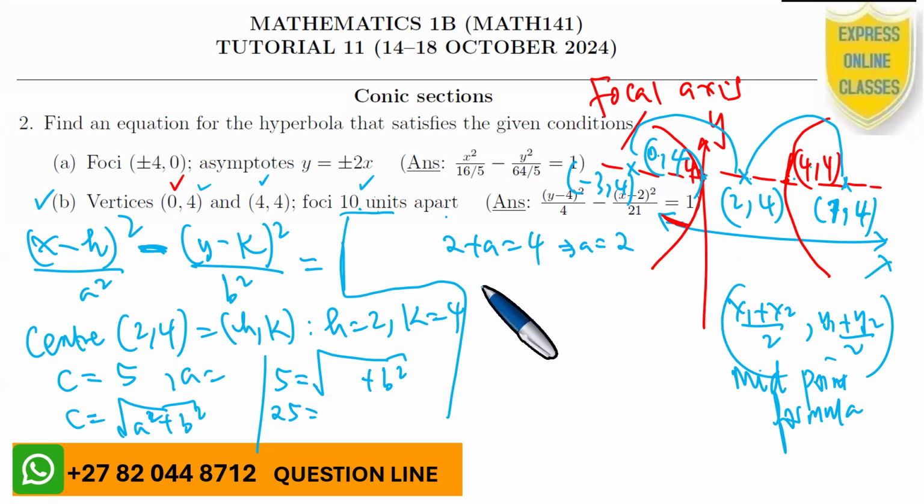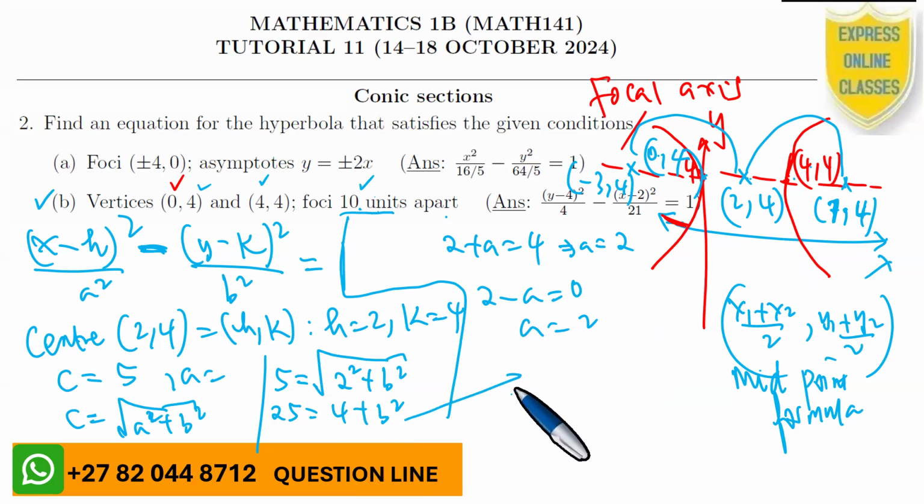Even if you do it the other way, 2 minus A gives 0. A is 2, so A squared is 4. You square both sides, you have 25, and then it's 4 plus B squared. So B squared is 21, and B is the square root of 21.